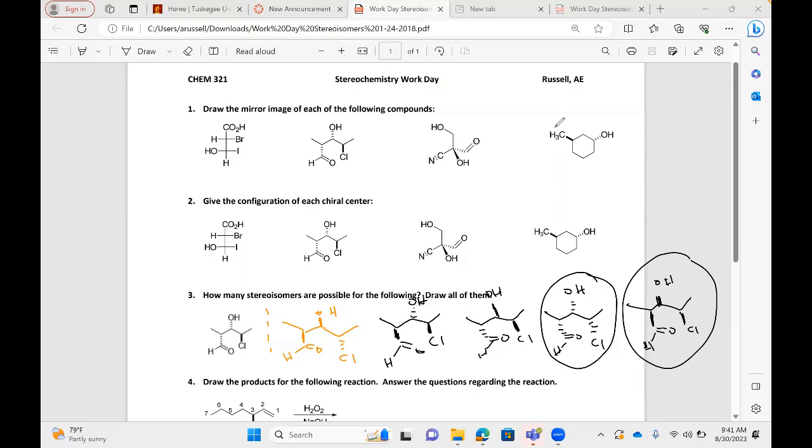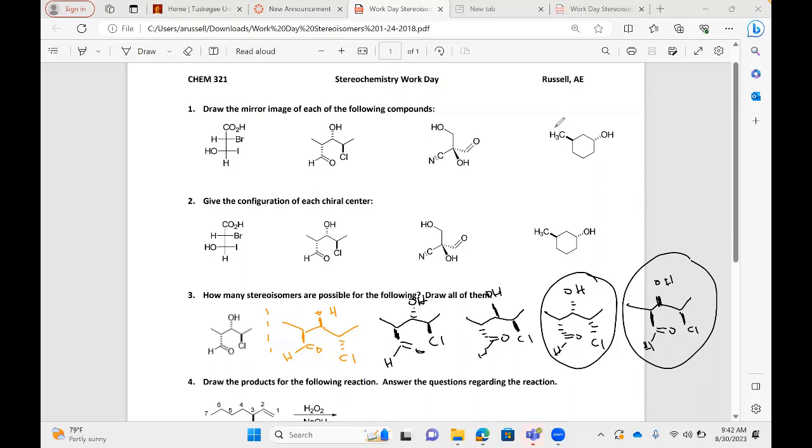All right. Any other questions about that? Yeah, I have a question. Go ahead. So basically to get the mirror, we're just flipping the dashes and wedges. But you said we could also draw a plane and literally reflect it, right? You can draw a plane and reflect it.